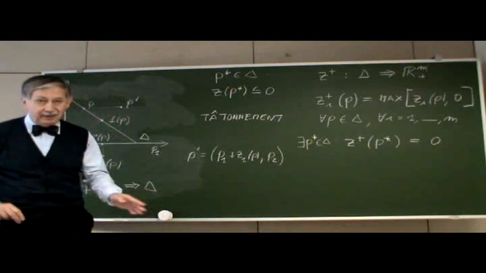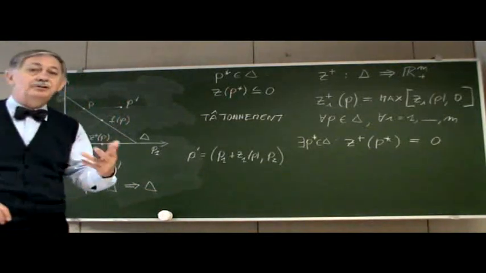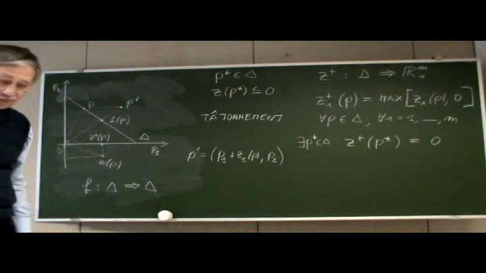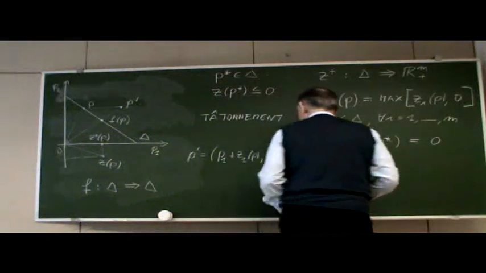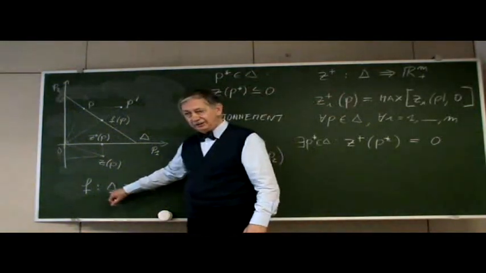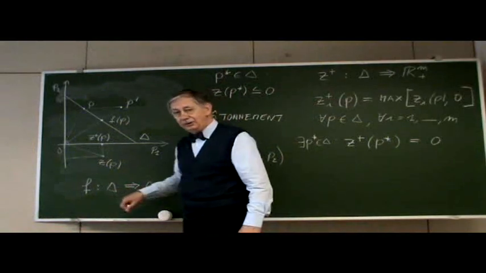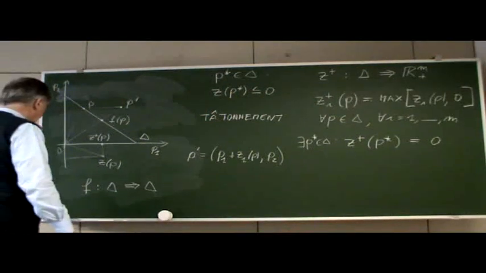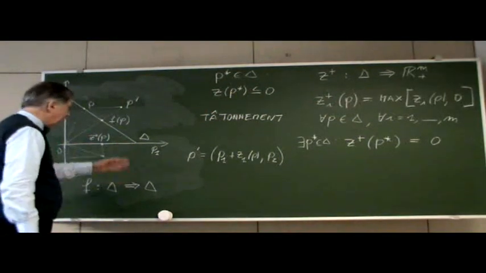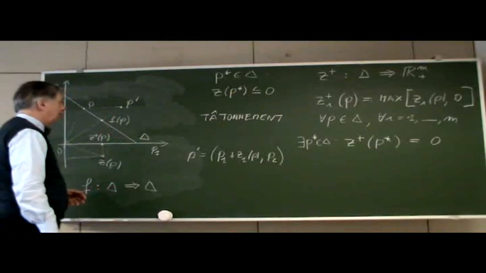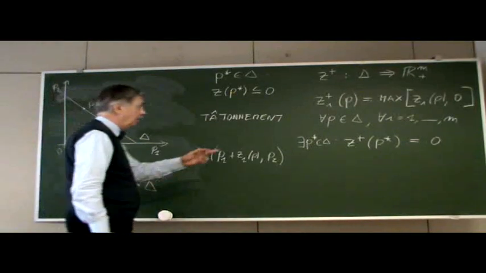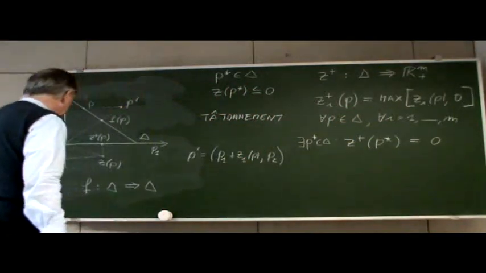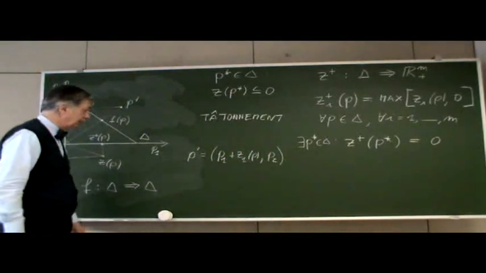And you observe that in this way you obtain a function which obeys the assumptions of Brouwer's fixed point theorem: a function defined in a non-empty convex and compact set which takes values in the same set. Clearly, since Z, the excess of demand function, is continuous, also Z plus will be continuous. It is easy to show this, and also f will be continuous.